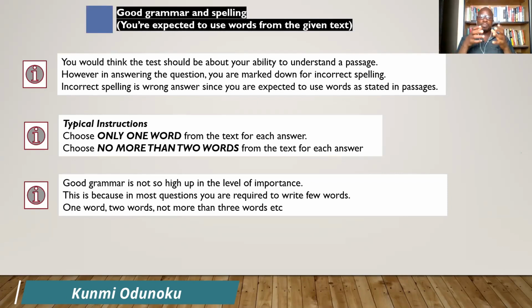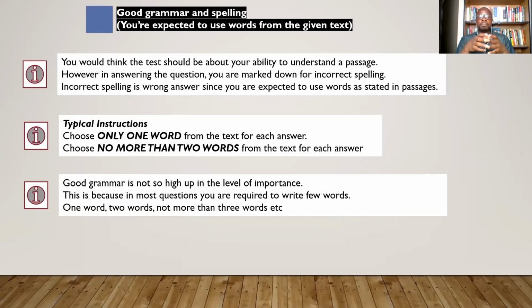A passage has been provided to you, and all they're saying is pick a word from that text that has been given to you. In the later slides, you will see examples of the text format that is being used for this exam, so you have an idea. But just remember that it's not only the bold words that are important. The instruction says from the text, so from the passage that has been given to you, that's where you need to pick your answers from. So that's very important.